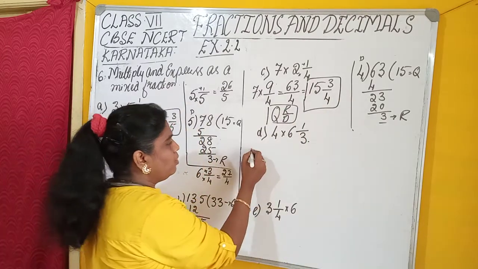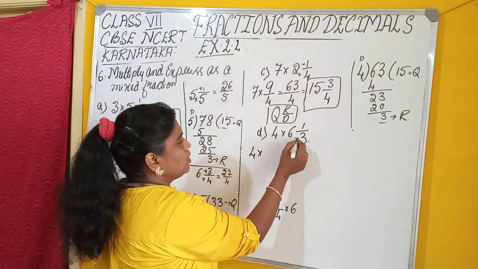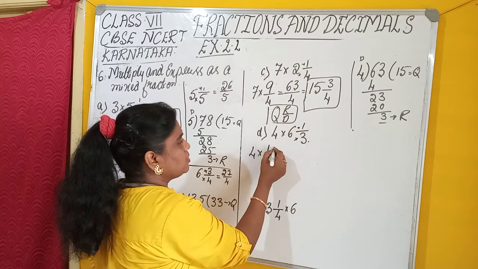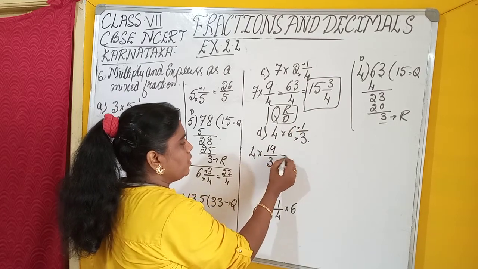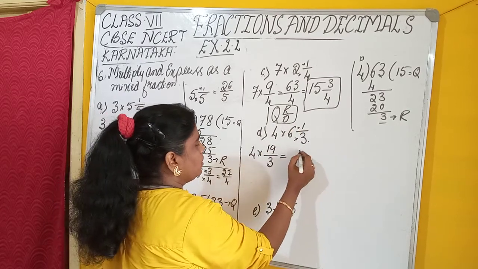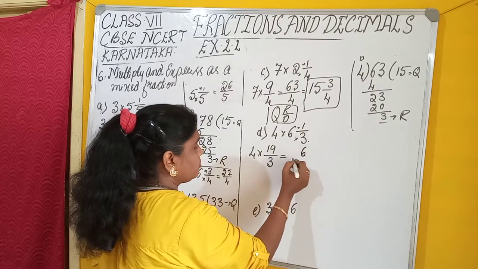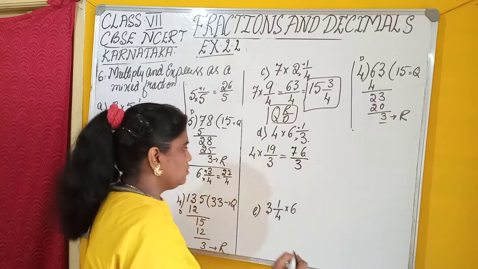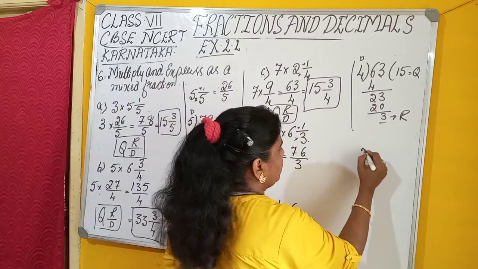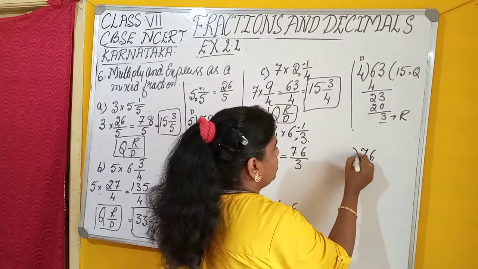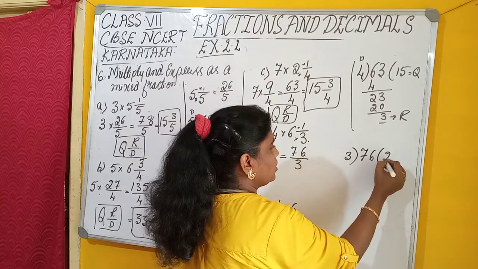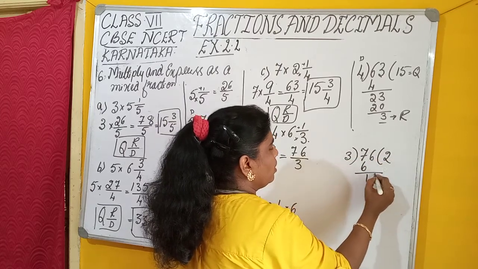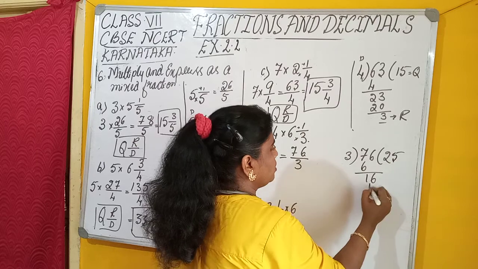Now 4 into 3 1 by 3. 3 sixes are 18 plus 1 is 19 by 3. That is equal to 19 sevens are 76 divided by 3. 3 twos are 6, 1 3 fives are 15.